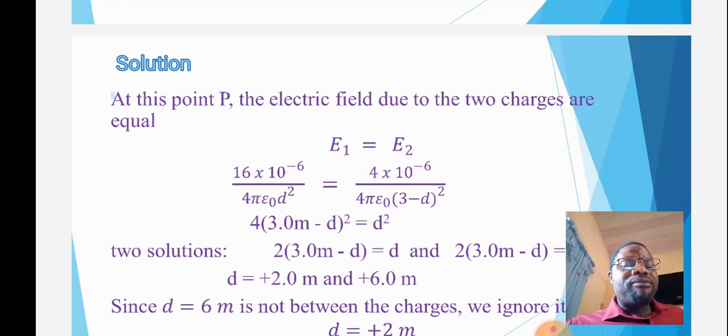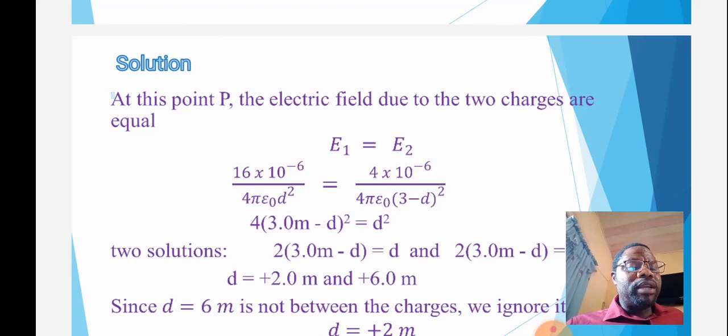Then therefore we have a quadratic equation which we are going to solve. We have two solutions. That will be 2 into 3 minus d is equal to d, and 2 into 3 minus d is equal to minus d.